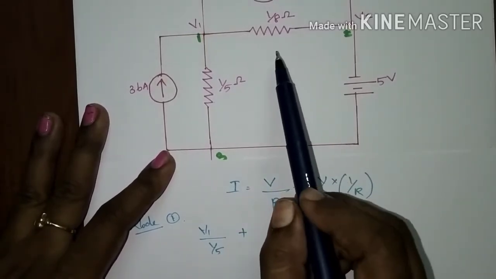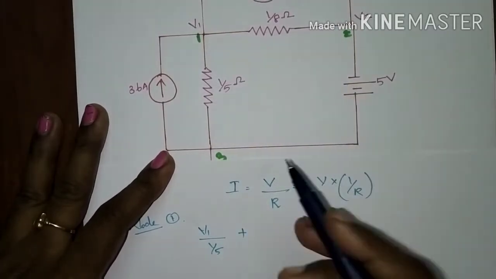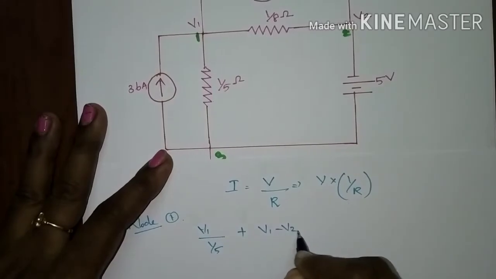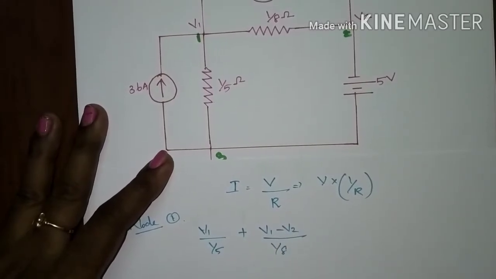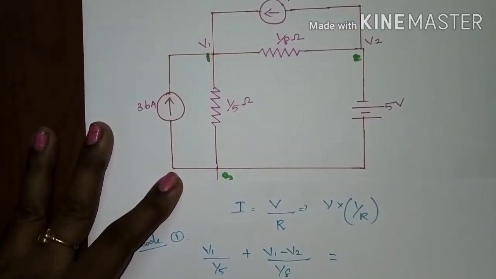the common resistance connected between the first node and the second node is 1 by 8. So (V1 minus V2) divided by 1 by 8 is equal to the current incoming to that node.